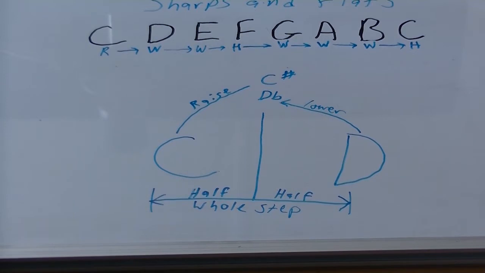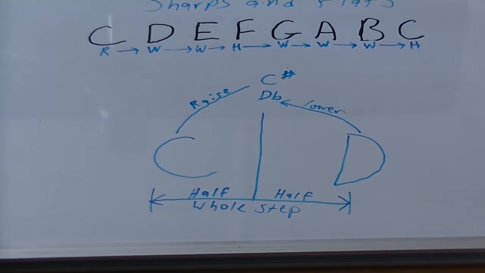So this is kind of something that I really need you to get your head around. And I hope that my explanation works for you and you're sort of understanding what we're getting at. But we're going to get into this a little bit more. And we're going to start looking at major scales that contain these sharp and flat notes.